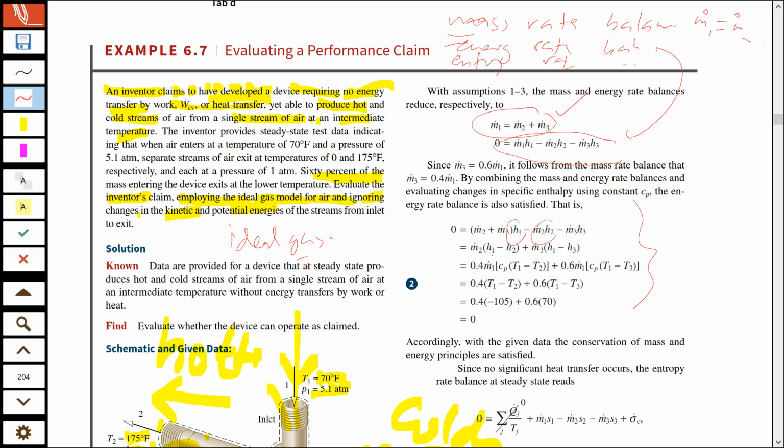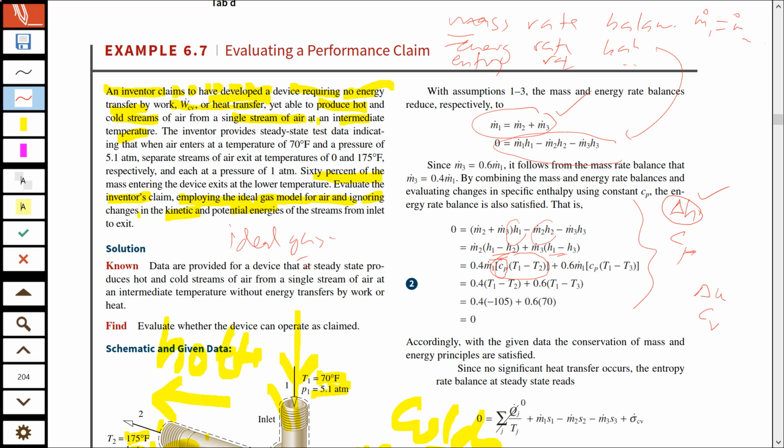So the change of enthalpy for an ideal gas has a simple expression, because you assume Cp to be constant. Remember, Cp was relevant for entropy change, and if this was the change in internal energy, the corresponding constant would be Cv. Here we have Cp because the energy rate balance involves delta h. So the rest is standard.